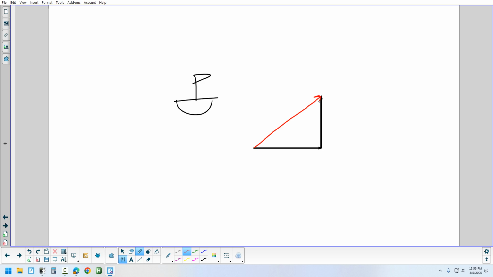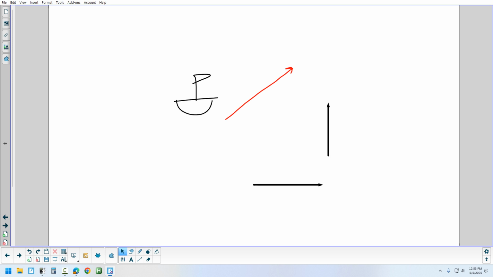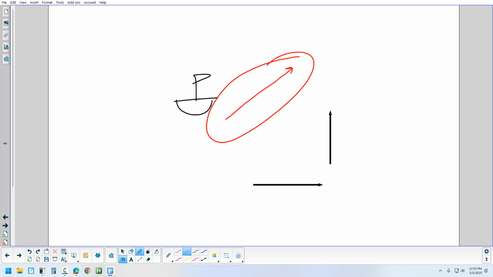What I just did is I added this vector to this vector visually. Can we divide vectors? No. So what is this thing that I just created by combining this one with this one?